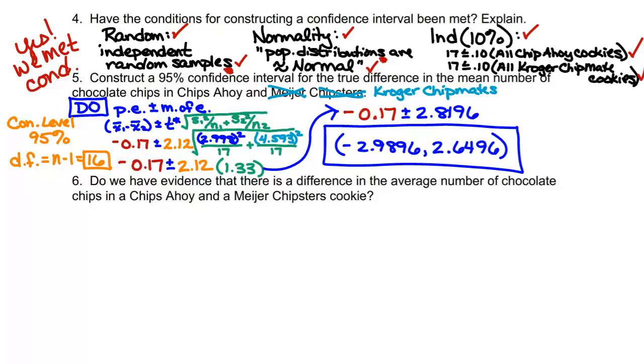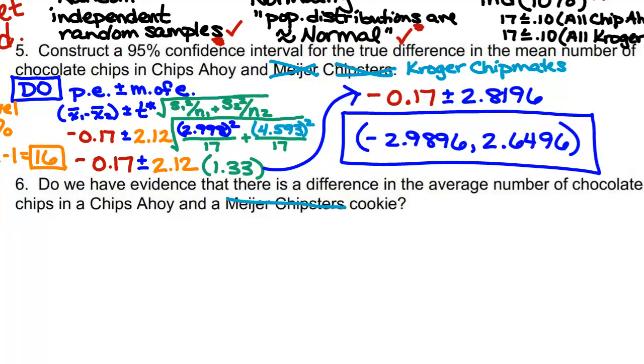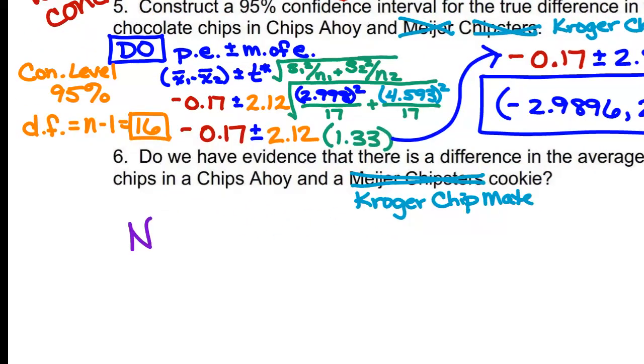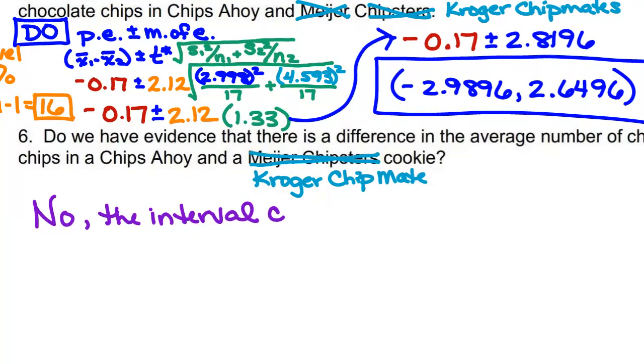Do we have convincing evidence that there is a difference in the average number of chocolate chips in a Chips Ahoy and in a Kroger Chipmate cookie? Why not? So no. The interval contains positive and negative values.